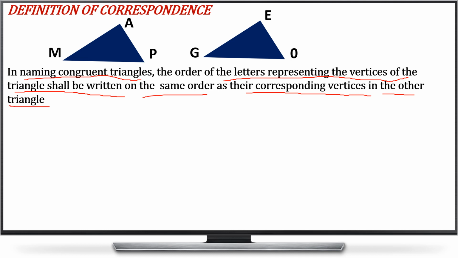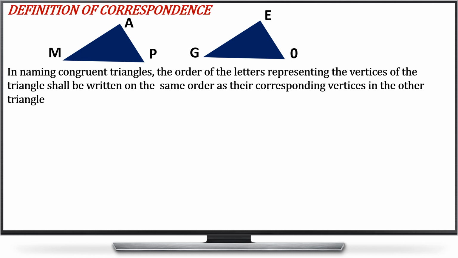So mahalaga po yung pwesto ng bawat isang letters for us to identify kung nasaan po ba ang kanilang corresponding vertex ng bawat isang triangle.